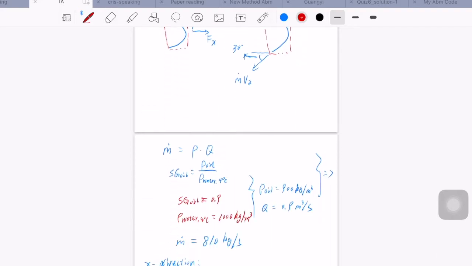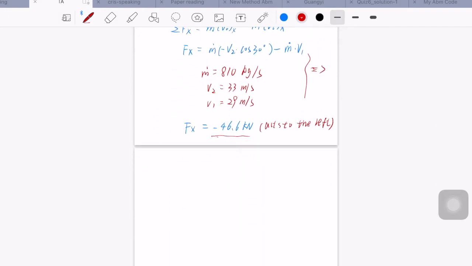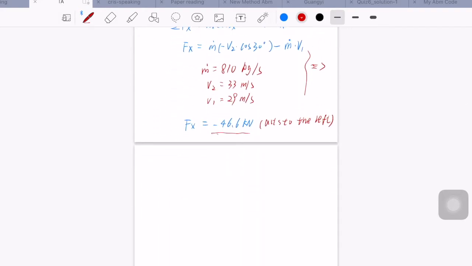So yeah, and then we will apply the momentum equation in the y direction.